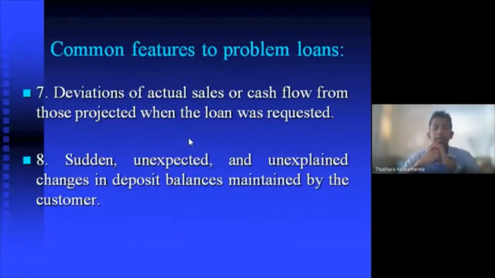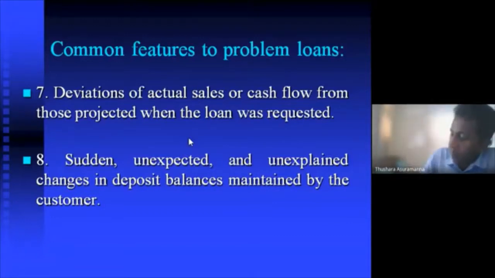Deviation of actual sales from the budgeted. Because at the time the loan was approved, you may have planned future sales. Now those are deviating heavily.